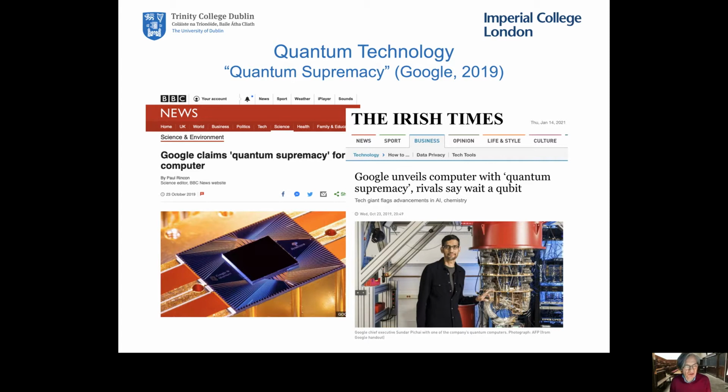It's not so long ago, just the summer of 2019, and here are two headlines from the BBC webpage and the Irish Times, where Google announced that they had obtained so-called quantum supremacy, which means a computer built on working principles derived from quantum physics will be faster and better than the classical equivalent computer.